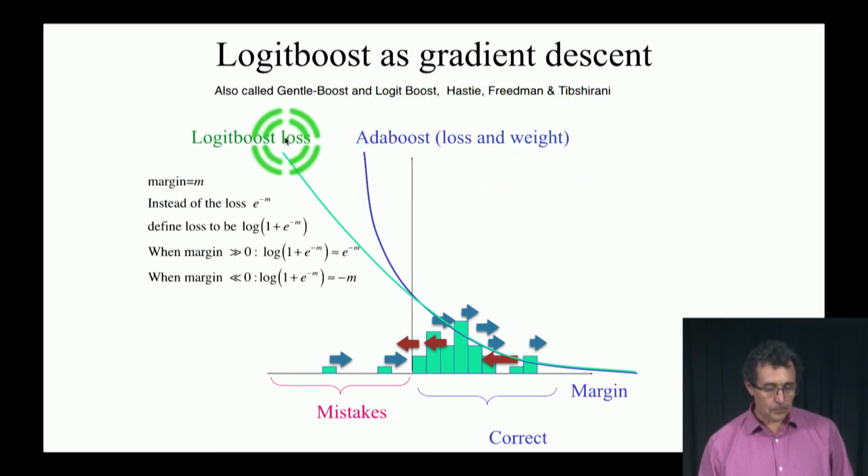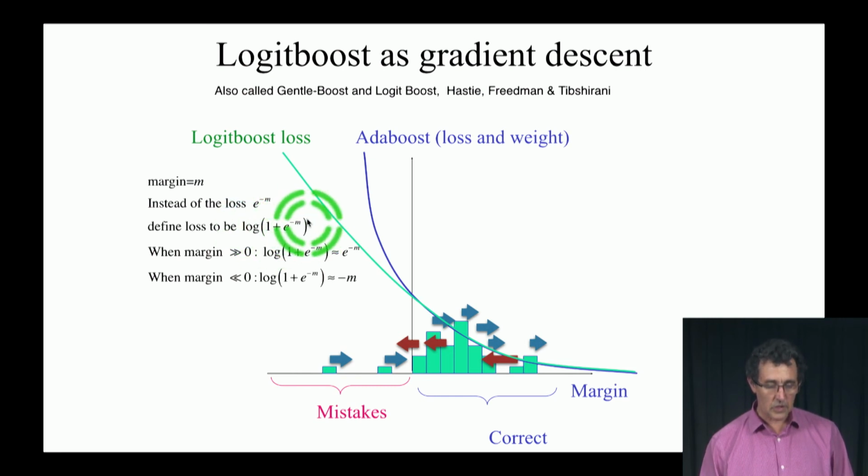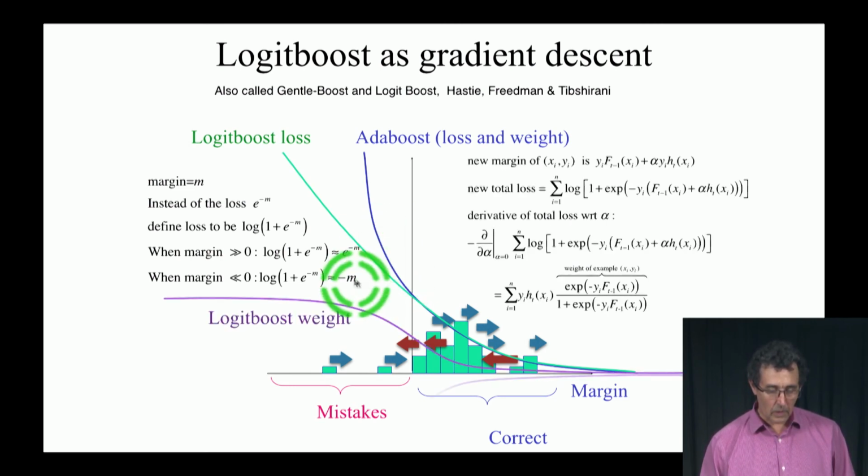And in this case, the potential function is log of 1 plus e to the minus the margin. And the weights that you get are basically going like this logit function. Okay, so because the derivative here of the LogitBoost goes just to 1, then the weights are bounded by 1.